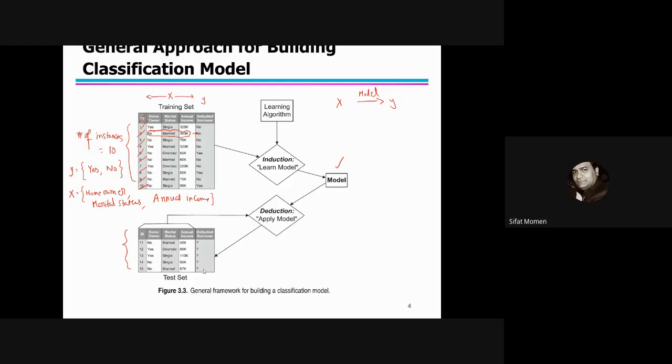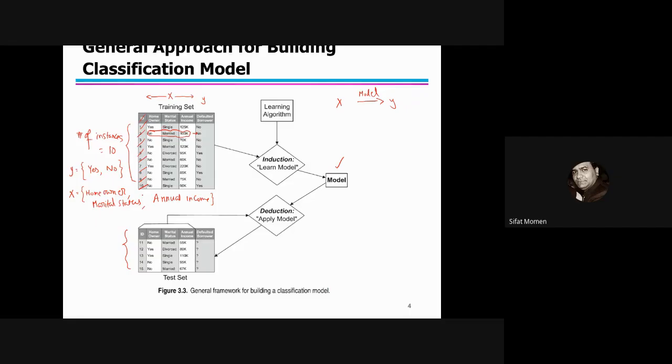Yes, sir. Now, one more thing. When the model is learning, this is called induction. So when you are using the learning algorithm to develop the model, this process is called induction. Induction means it learns the model from examples, from instances, from data. Clear?